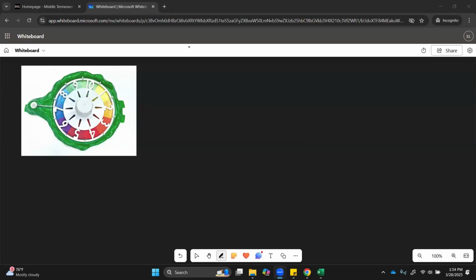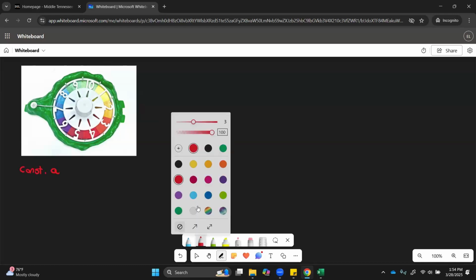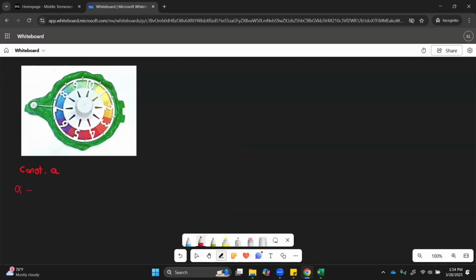First, let's write down the formulas we have used before. The first set of formulas is for when acceleration is constant. Then we have alpha equals d omega dt, which equals d squared theta dt squared, which equals omega d omega d theta.